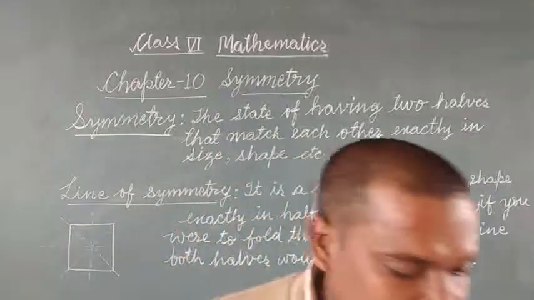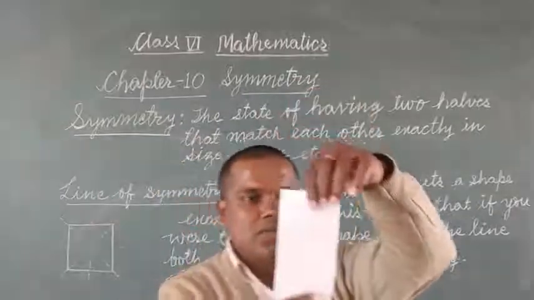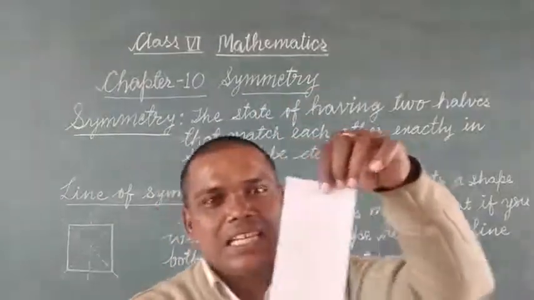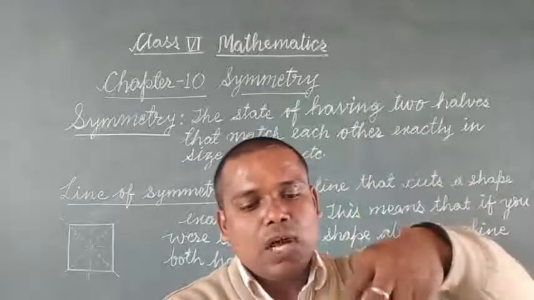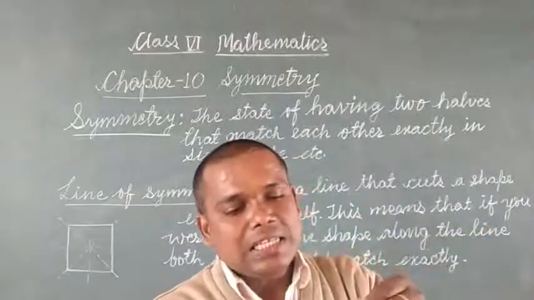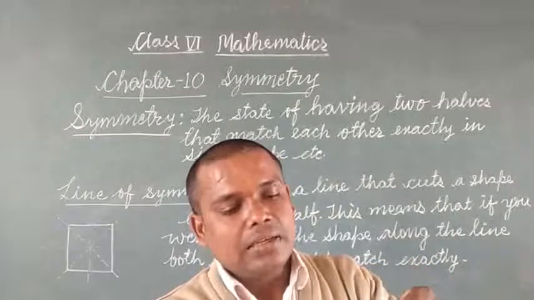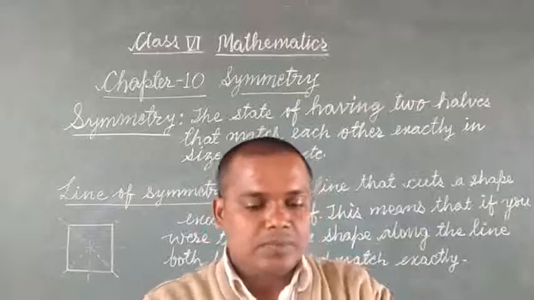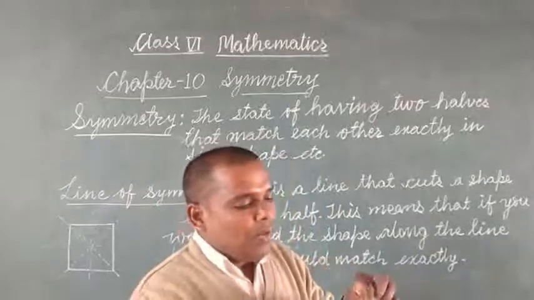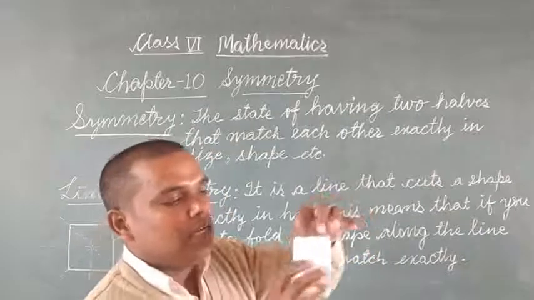Now see the other figure. This is a rectangle. You are seeing that this is in rectangular shape. Now I am going to fold along its length. See here. One part is this one, another half is this one.